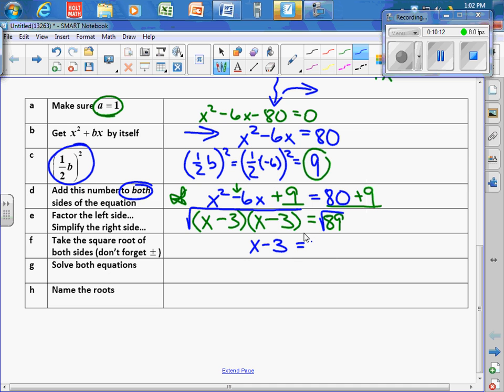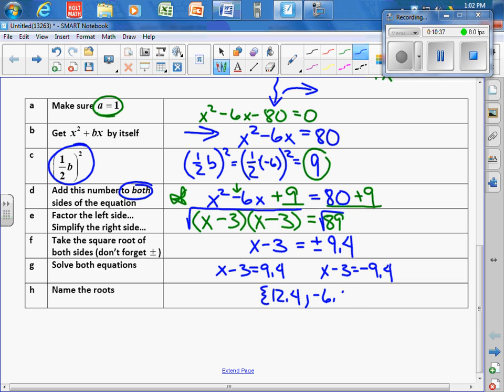So in my equation, I'm going to put plus or minus 9.4. At this point, I write two different equations. X minus 3 is equal to 9.4, and x minus 3 is equal to negative 9.4. And I simply solve both equations. Add 3 to both sides, and I get 12.4. Add 3 to both sides, I get negative 6.4. And that's how you solve by completing the square.